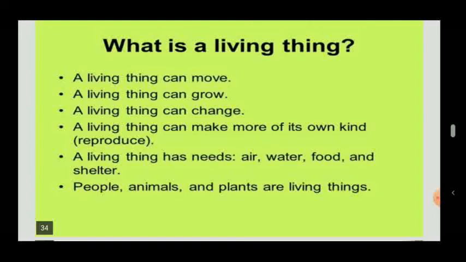A living thing has needs: air, water, food and shelter. Shelter means a house to live in, or a place where living things live. Living things need air for breathing, water for drinking, food for eating, and shelter for living in.